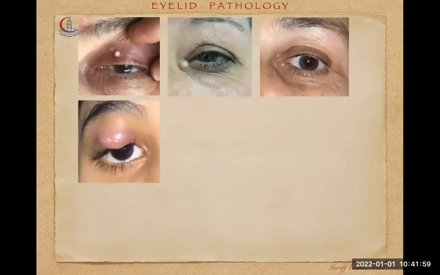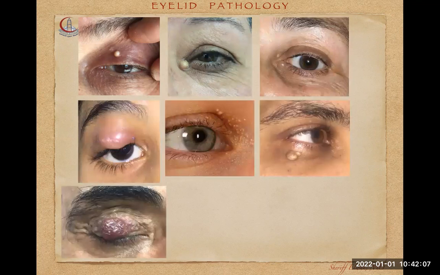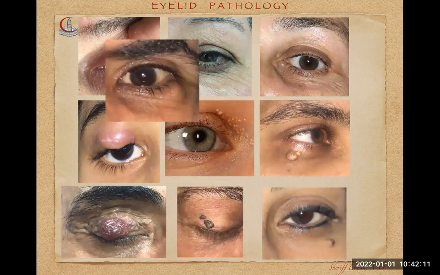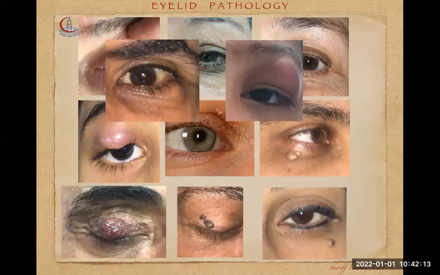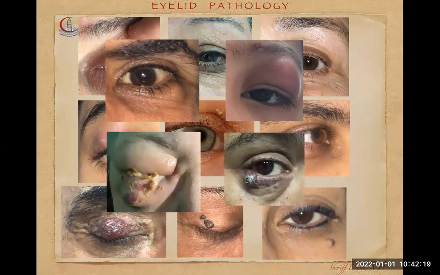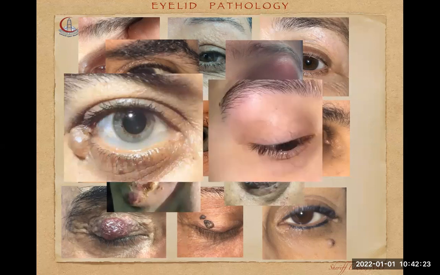Very different appearances that you encounter every day, from white to skin color to multiple to reddish to black to just an elevation to big ones to opened ones to crusted ones to translucent ones to vascular ones.